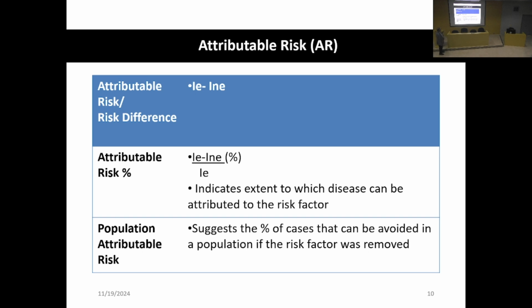The definition of attributable risk. Attributable risk is the risk difference, which is the incidence among exposed minus the incidence among non-exposed. This is the risk difference. What does it tell you?